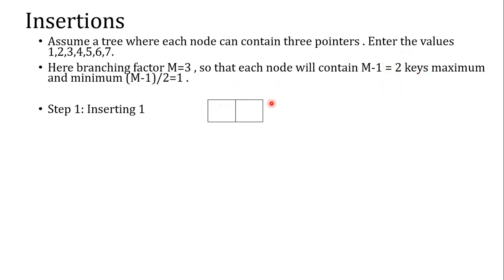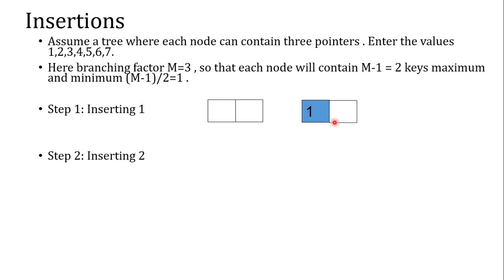So we have to draw the node with 2 spaces so that we can insert 2 data items in a leaf. At first, if we want to insert 1, we are always starting from the left hand side. Then we want to insert 2.